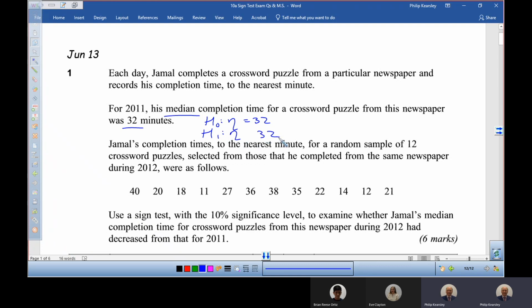The issue that is facing us now, is it a 1 tail, is it a 2 tail? Use sign test 10% level to examine whether his median completion time decreased. So hopefully he thinks it's faster. Identifying the hypothesis is the same for sign and sign rank. They are both single sample medians tests. That's worth 1 mark out of 6.